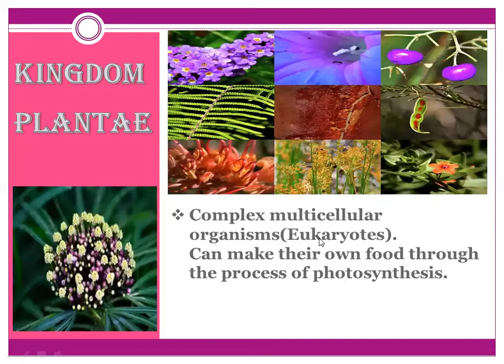And again, they all are multicellular. No unicellular organism is placed in kingdom Plantae or kingdom Fungi. Unicellular organisms have been kept in kingdom Monera and kingdom Protista. So in kingdom Plantae, all the living organisms can make their own food through photosynthesis.